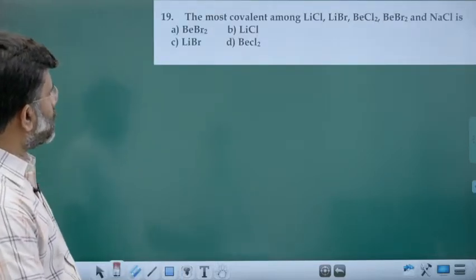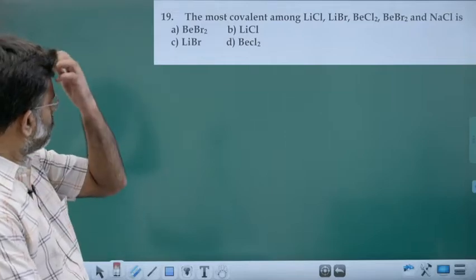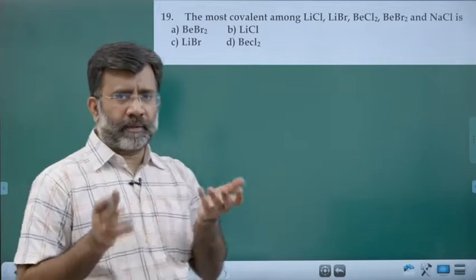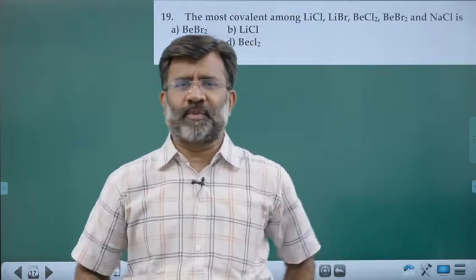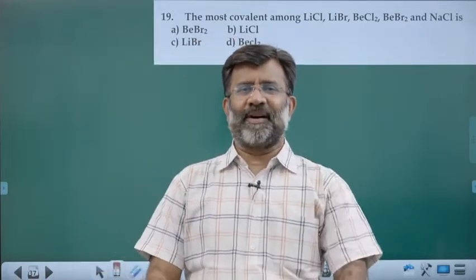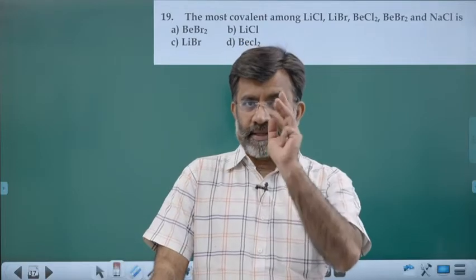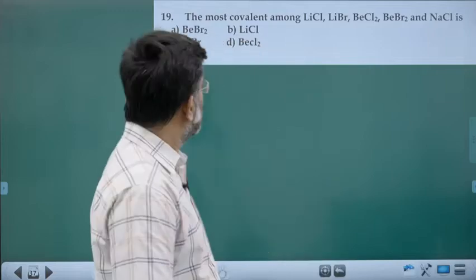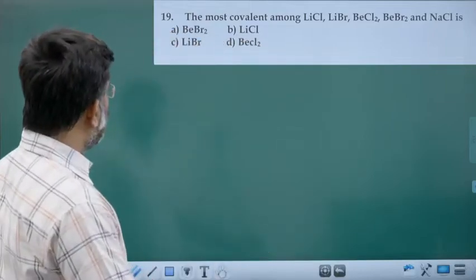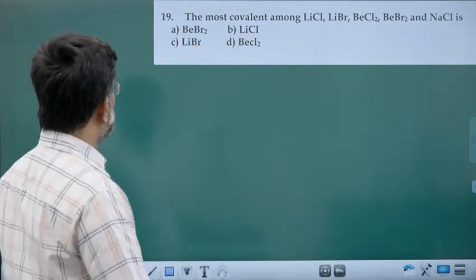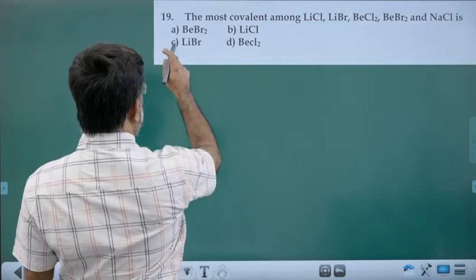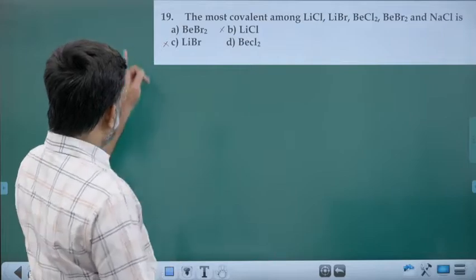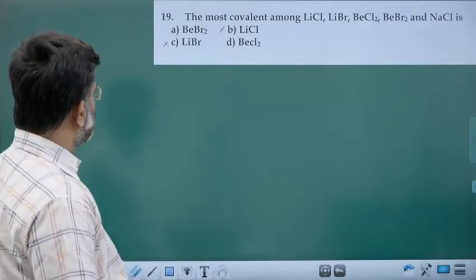Next. Most covalent. See, when you compare lithium and beryllium, no doubt beryllium is more covalent because the size is small. So choices AD and BC, we will cancel B and C. Now between A and D, which is the answer?